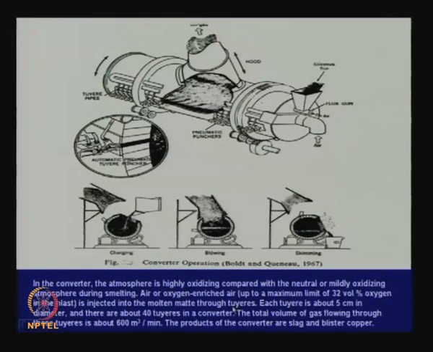The total volume of gas flowing through these tuyeres is about 600 meter cube per minute. The products of the converter are slag and blister copper. So, you have 3 steps: roasting, then smelting, and then converting.